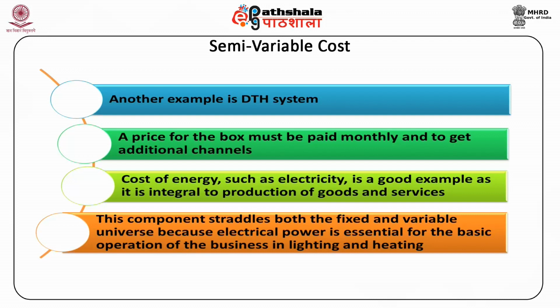As demand ramps up, more energy is required to ramp up the production process in the use of machinery or large banks of computers, for instance. Cost of electrical energy will then rise accordingly as production activities increase. Therefore, the cost of electricity can be viewed as semi-variable.